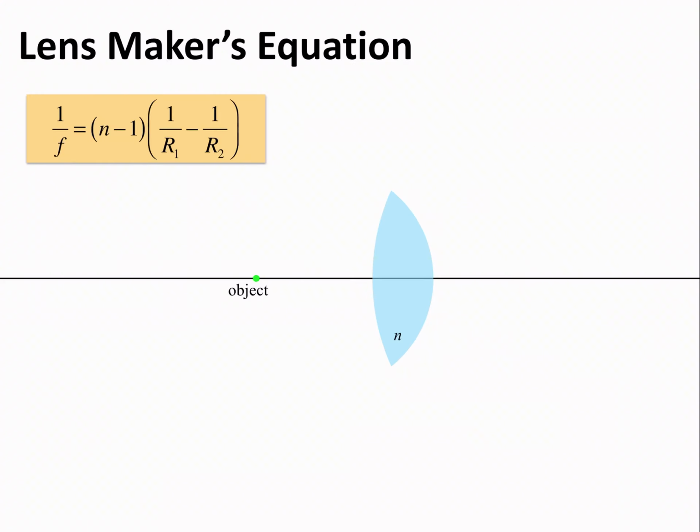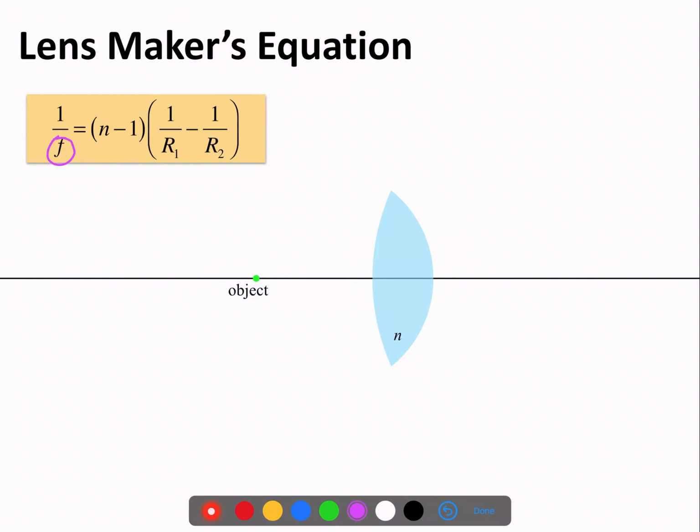So the lens maker's equation looks like this, but the key here is that we want to figure out how to find the focal length for any lens. The thing to keep in mind here is this F is the focal length. This is the index of refraction of whatever material the lens is made out of.